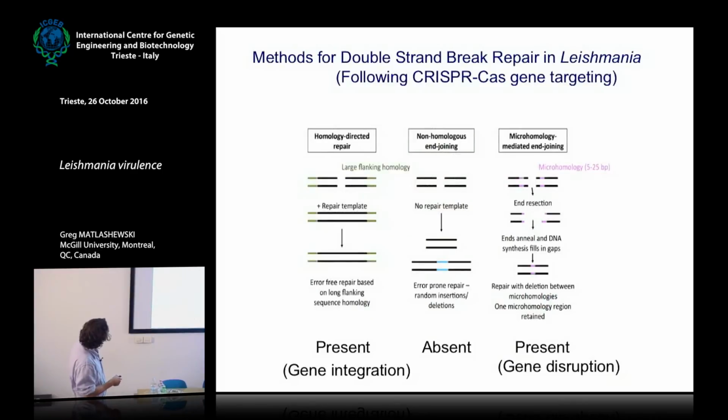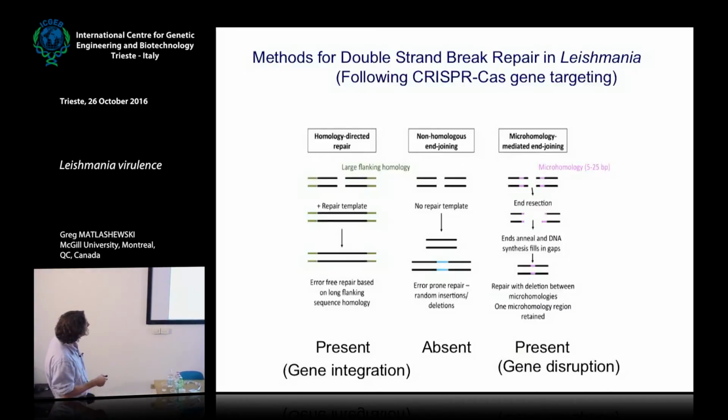So just in summary, this mechanism is absent. This is the non-homologous end joining. It's absent in Leishmania, and this is the one that is present in all other eukaryotes, the normal way of repairing. So you can't use this mechanism in Leishmania. The homologous directed repair is present, and you could use that to integrate genes into any site that you want.